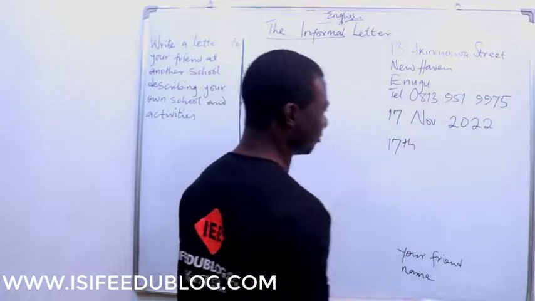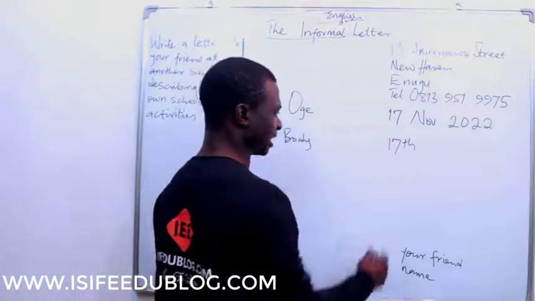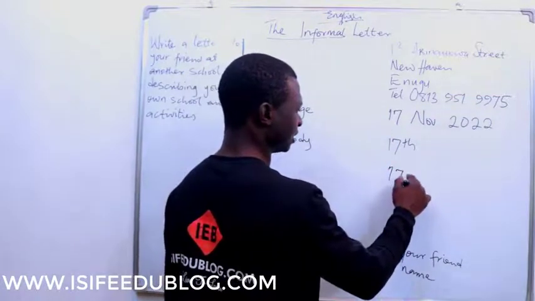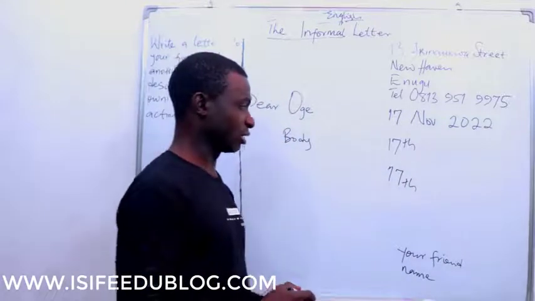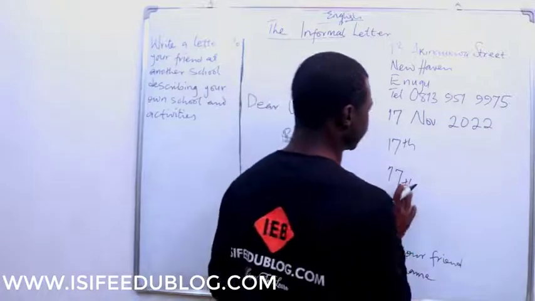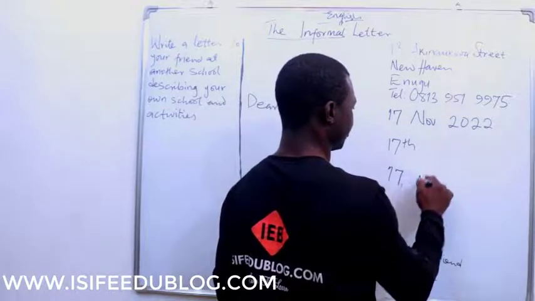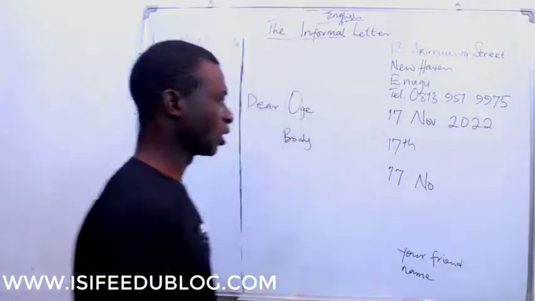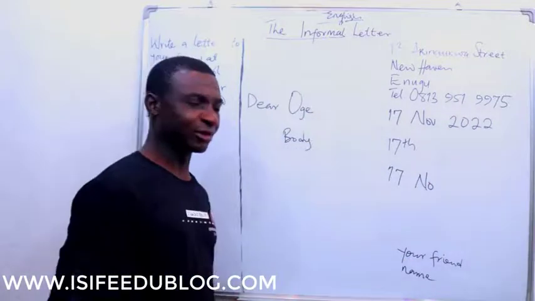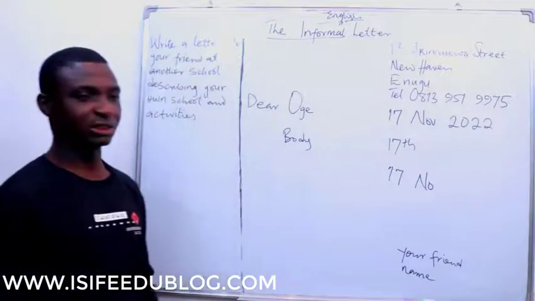You don't need it anymore. Whether the TH is going up or coming down, you don't need it anymore. Go ahead: 17 November 2022. No comma, no full stop, no TH, no RD, no ST.